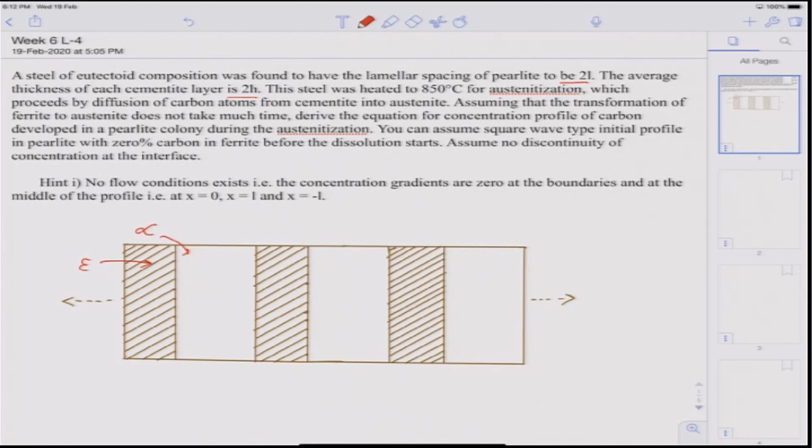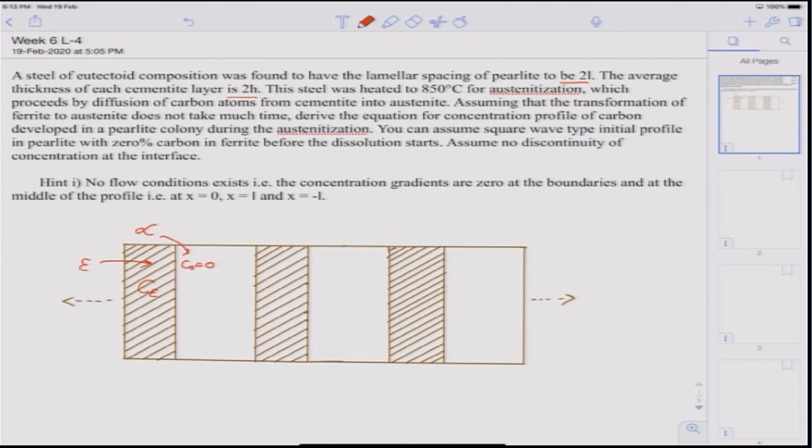This is the profile to start with. The concentration of carbon in ferrite is 0 and the concentration in the cementite, let us denote it as C epsilon. Now, we are dealing with a perlite spacing of 2L. So, the period here is 2L and each cementite layer has a thickness of 2H.